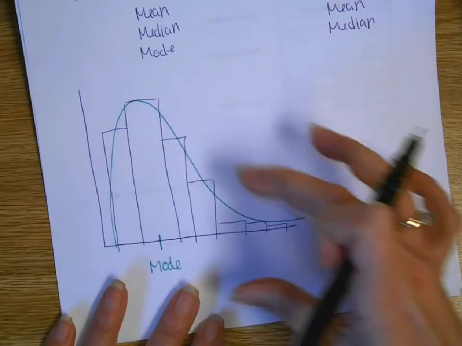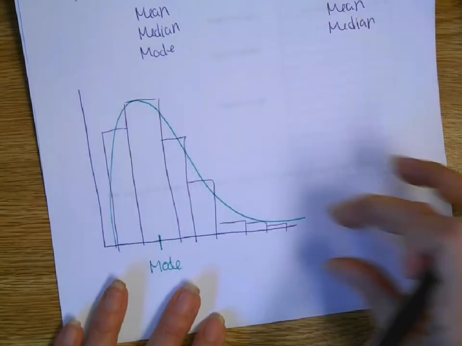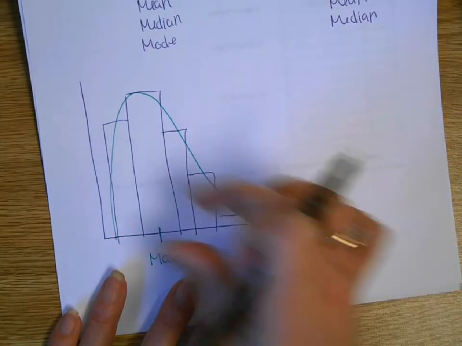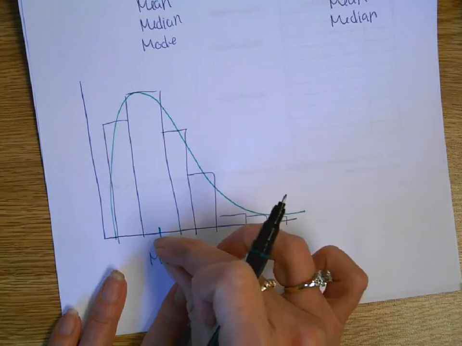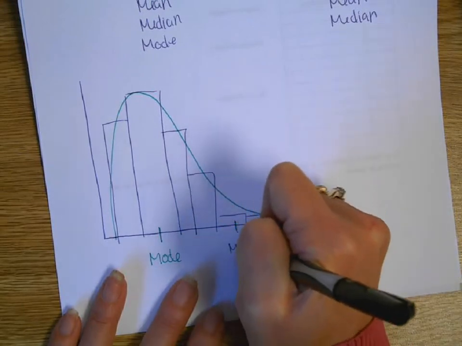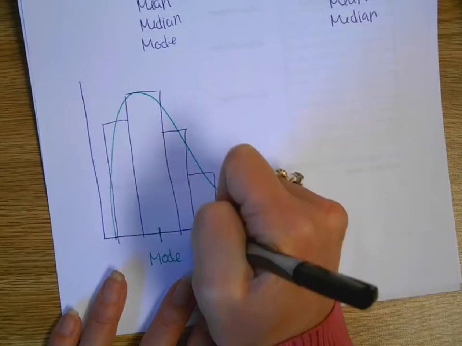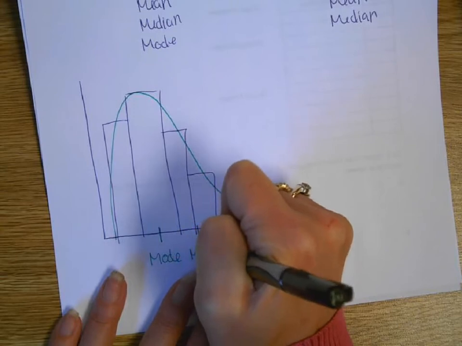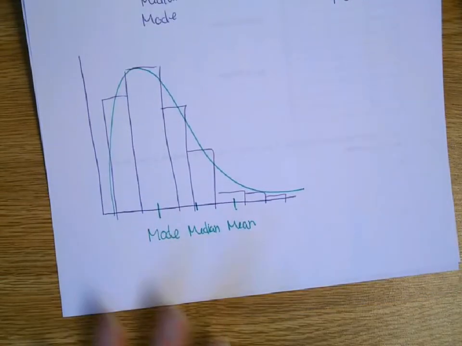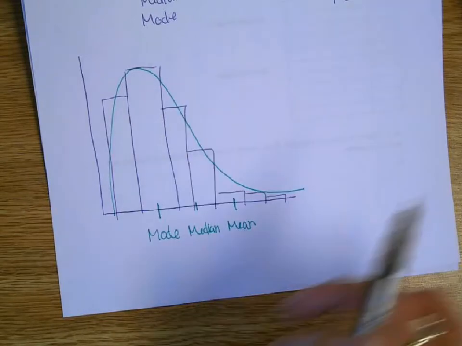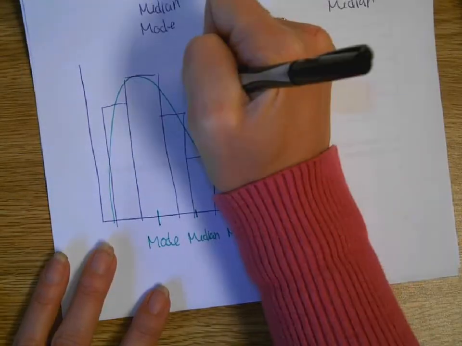And remember, when it tails off to the right here, your mean is going to be out in the tail, because these small numbers are going to pull the average away from the mode. So the mean will be out here in the tail, and your median is still going to be somewhere in the middle here. So when it tails off to the right like this, that's called skewed right.